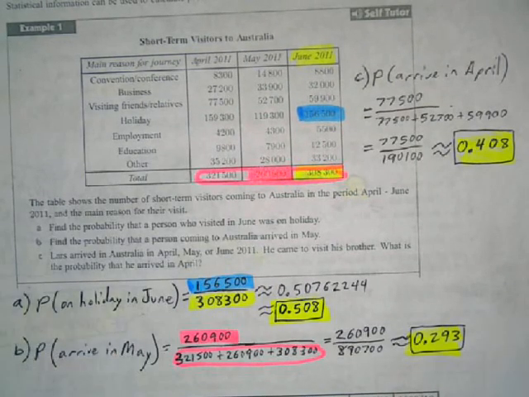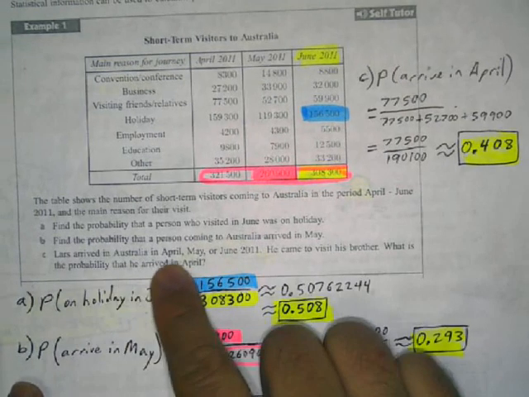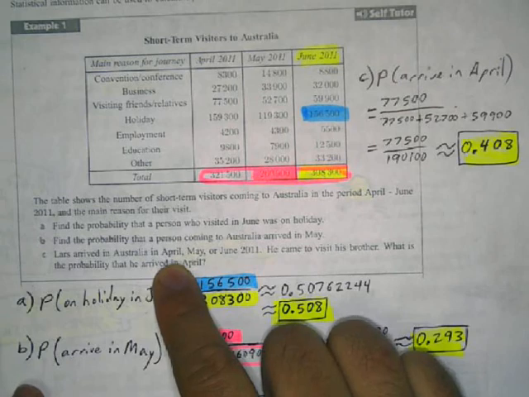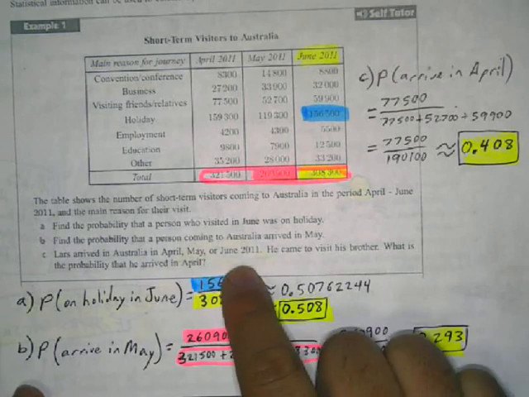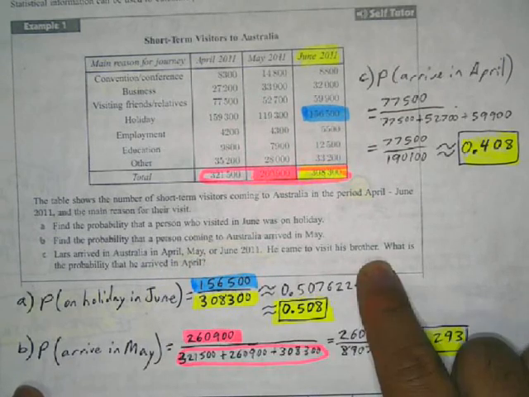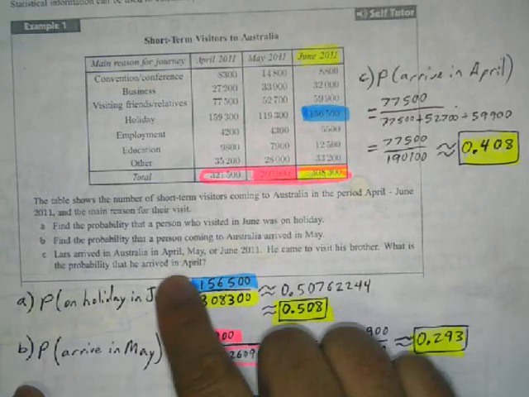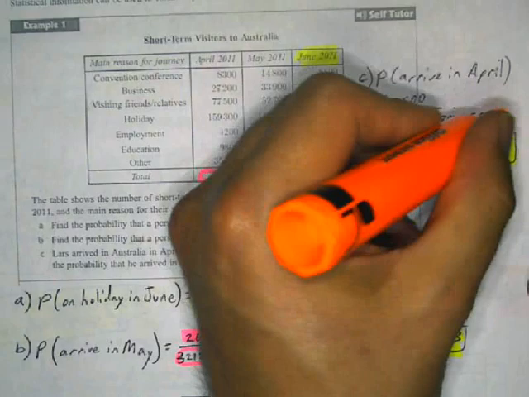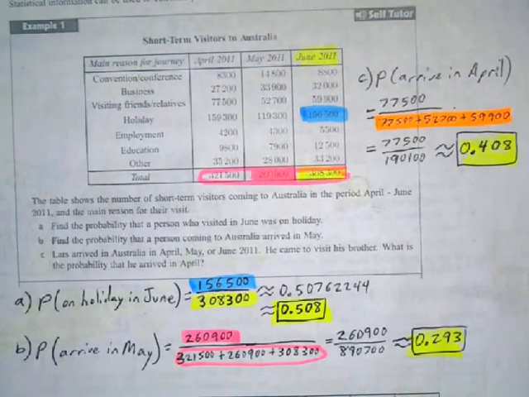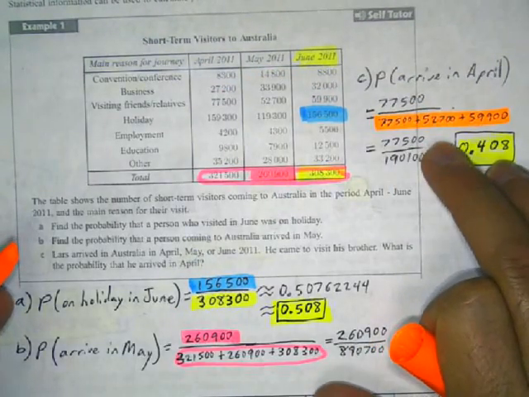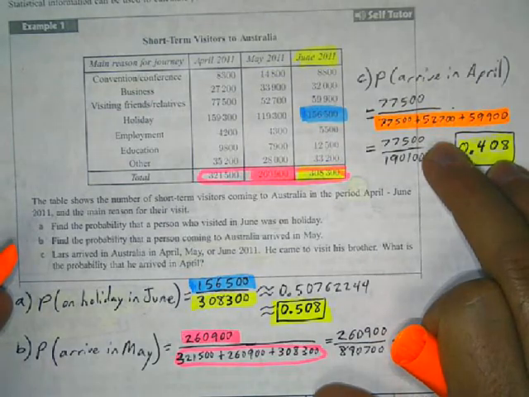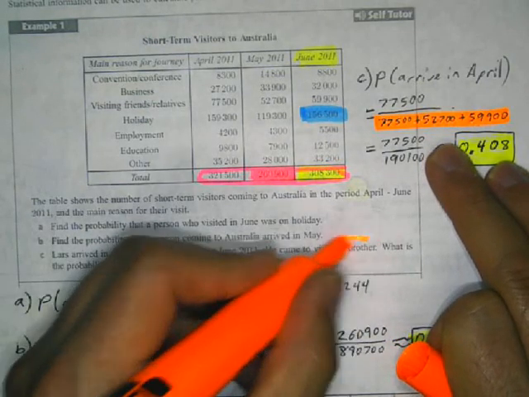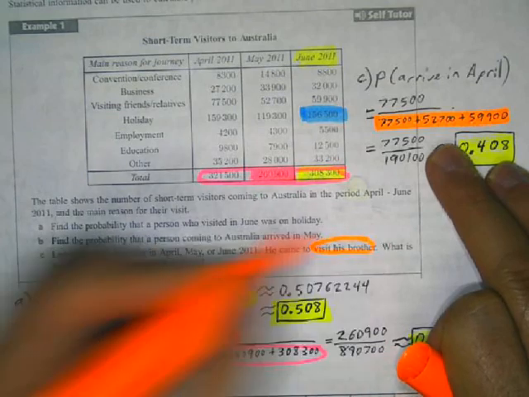Okay, and question C. Lars arrived in Australia April, May, or June, and he came to visit his brother. What is the probability that he arrived in April? So my denominator has to be the number of people arriving in April, given that they are visiting friends and relatives.